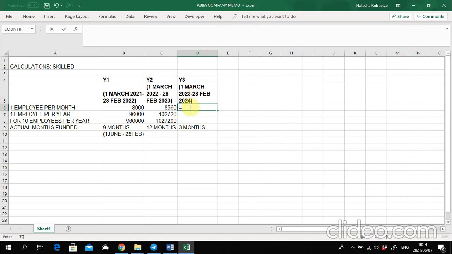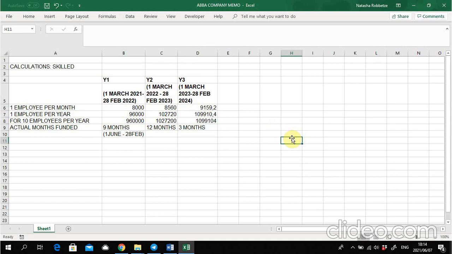To calculate the salary of 1 employee, I'm going to take the 8,560 and increase it by 7%. Then I times it by 12 months to get to an annual salary per employee. And then I times it by 10 to get to a salary for all of the employees.